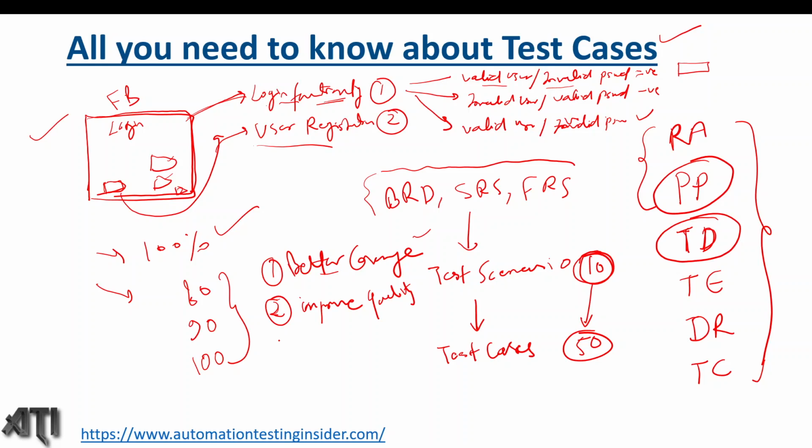Another thing is tracking purpose. When we write the test cases, we have proper tracking of the test scenarios. We have a traceability matrix, where we track everything, like the number of scenarios we have, the number of test cases we have, and the defects aligned to the failed test cases. So for tracking purposes, we need to write the test cases.